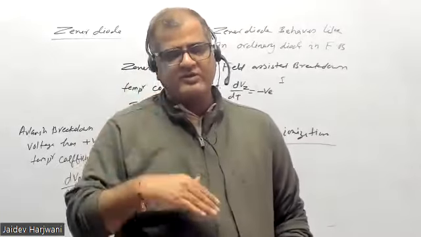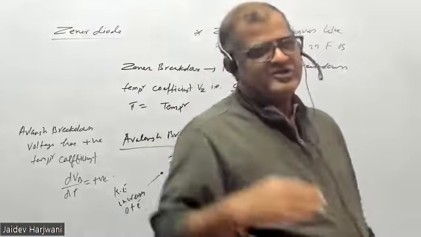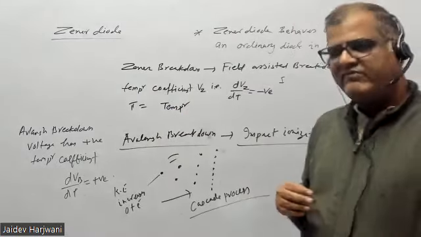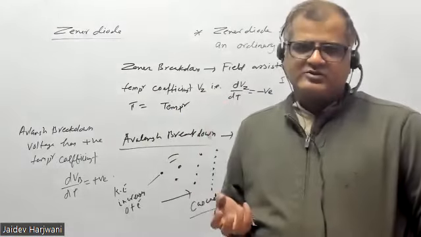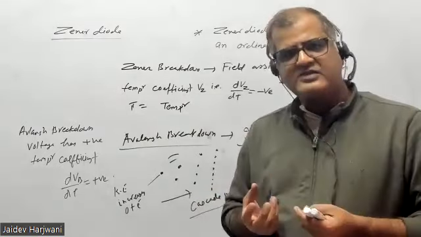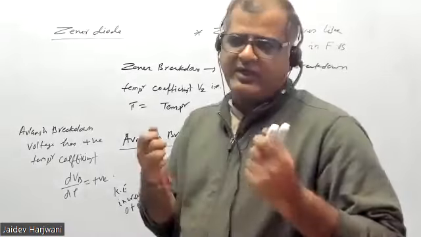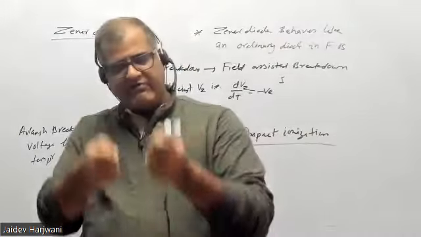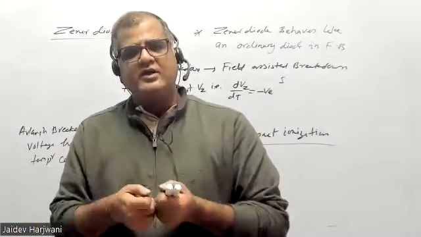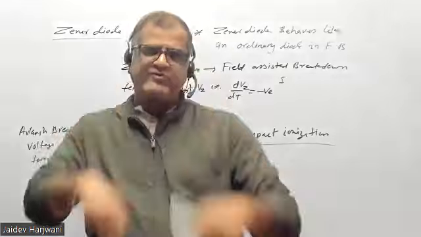That motion is called what? Phonon vibration, meaning the motion of atoms. Any crystal is made of atoms, ions, and these ions are always vibrating, and their amplitude is always proportional to temperature. If you increase the temperature, the amplitude will increase.